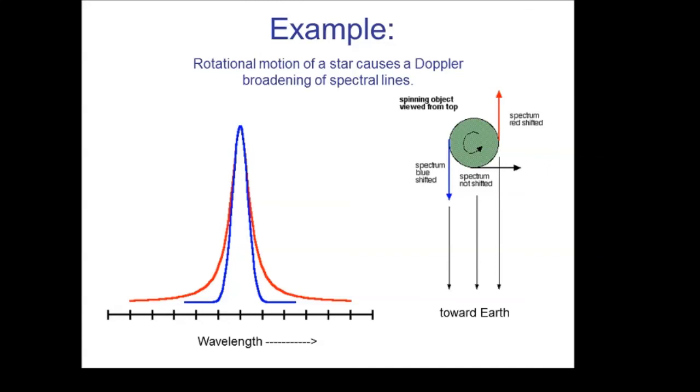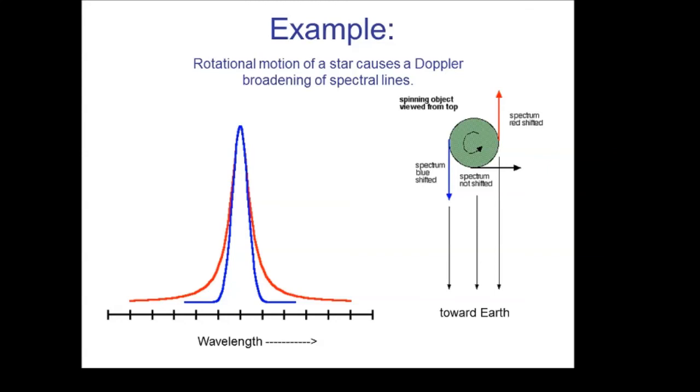The right side is red shifted because it's rotating away from us, and the left side is blue shifted because it's moving towards us. And so in the spectrum here, the emission or the absorption line becomes broadened. We call it Doppler broadening. It becomes thicker. And the reason it becomes thicker is because there's an extra amount of light at the wings, at the bottom here, that are due to the rotation of the object.